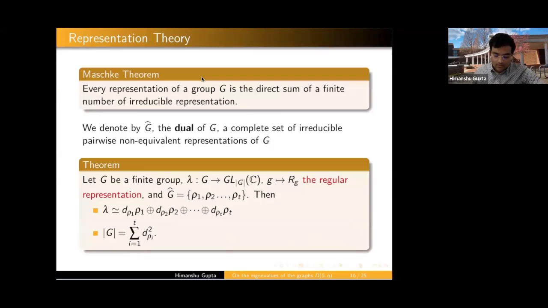Now, given a group G, we are just interested in all irreducible, non-equivalent representations.